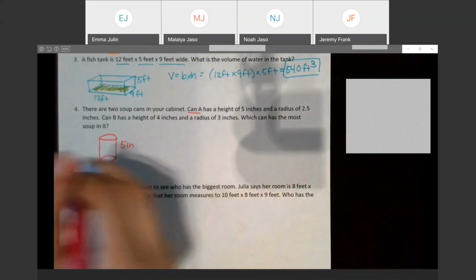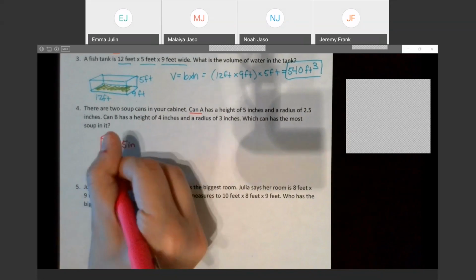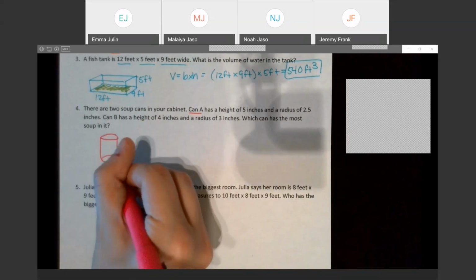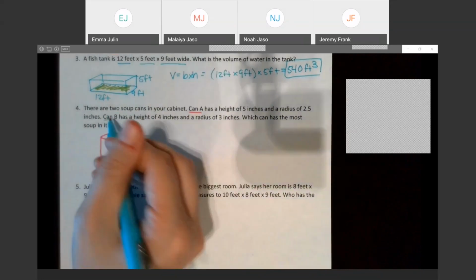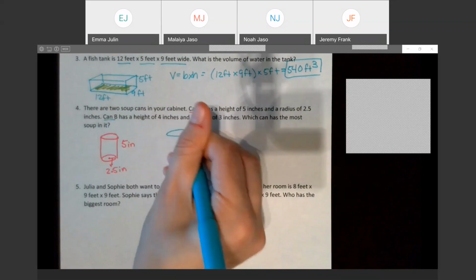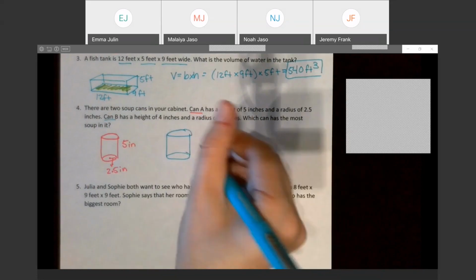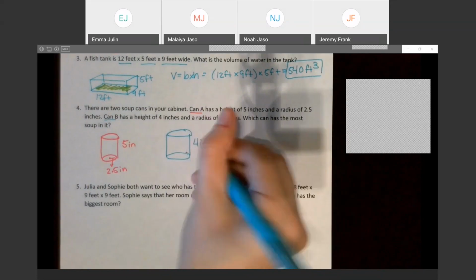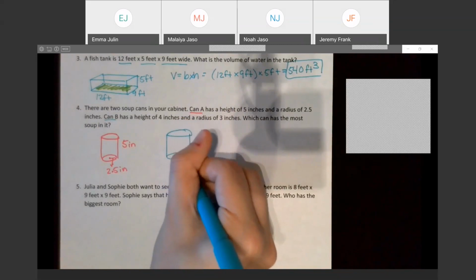And it has a radius of 2.5 inches. Now can B, I'm going to draw can B in blue. Here is can B. This one has a height of 4 inches and a radius of 3 inches.